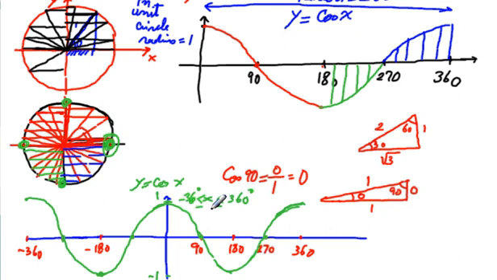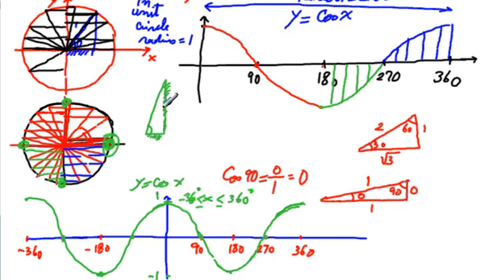Now when we come to the other functions, tangent and so on, we have one new complication, which is the presence of asymptotes. Tangent is a ratio of sine to cosine. When you calculate the tangent, tangent can easily become infinity. Tangent is a ratio of the opposite to the adjacent.